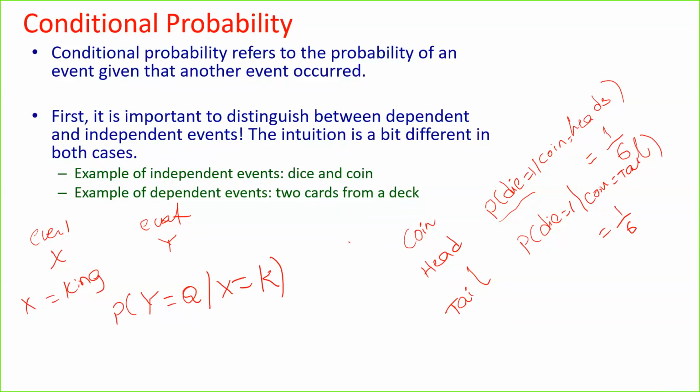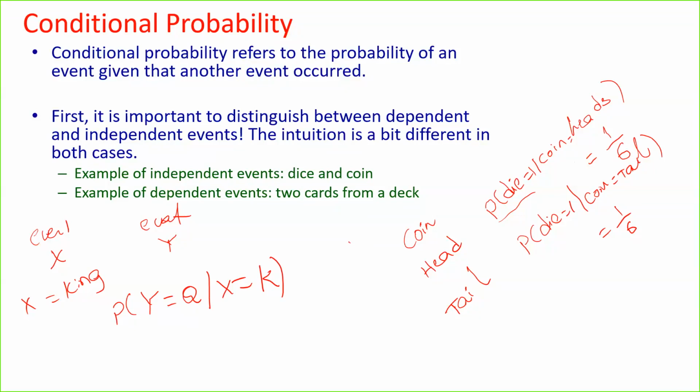You're picking the second card without replacing the first one and asking a question, what is the probability of getting queen when you pick the card for the second time, given that the first card is king? Once the card is picked, how many cards are left? 51, right?